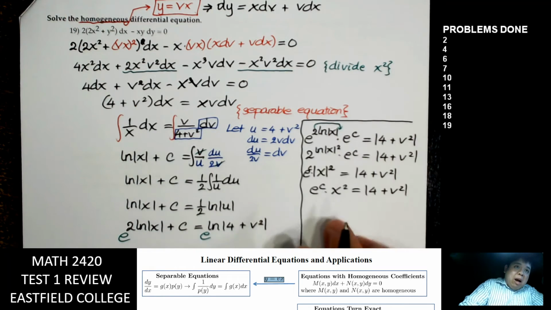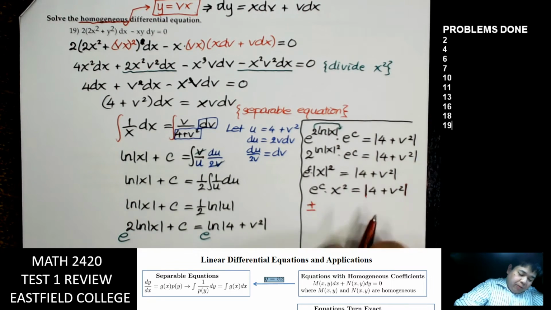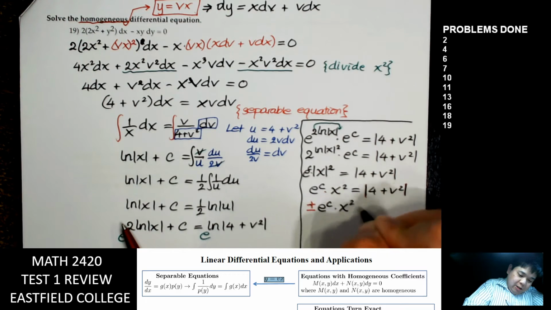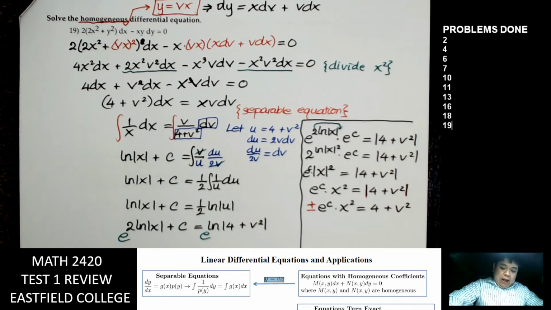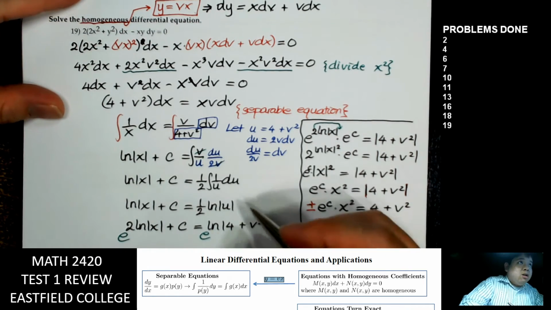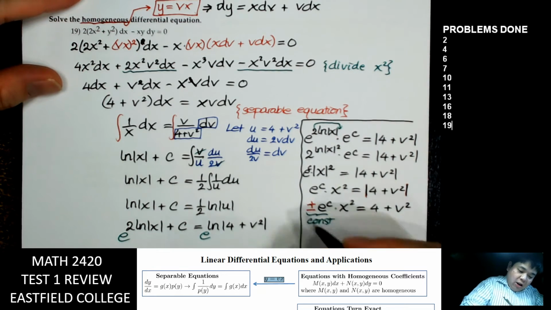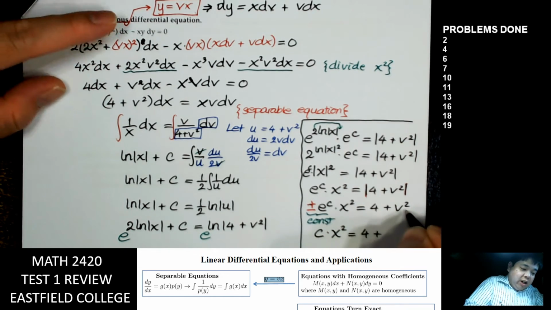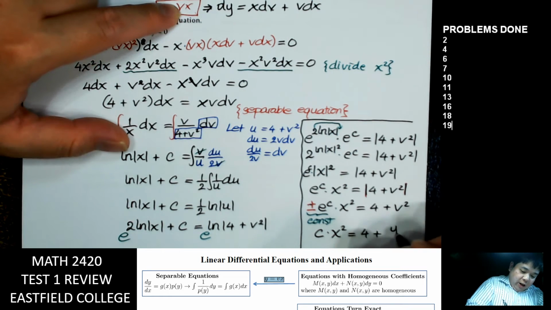Next, to get rid of the absolute values, it's going to be plus or minus. So if we remove the absolute values here, it will become plus or minus, and this still is a constant. So I just write that as a constant c times x squared equal to 4 plus v squared. If y is equal to v times x, then v is equal to y over x.